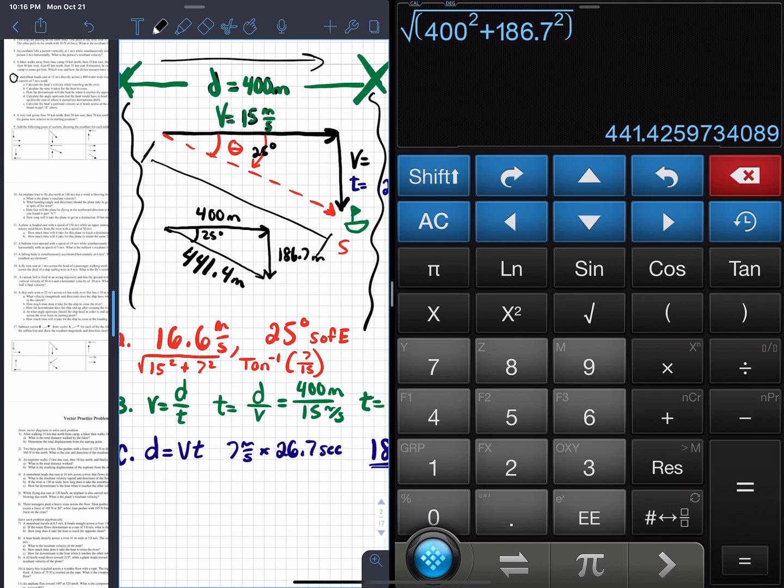Because I wanted to show you, if we look at that time variable, I said time is going to remain constant no matter if you're moving across or down or across and down at the same time.